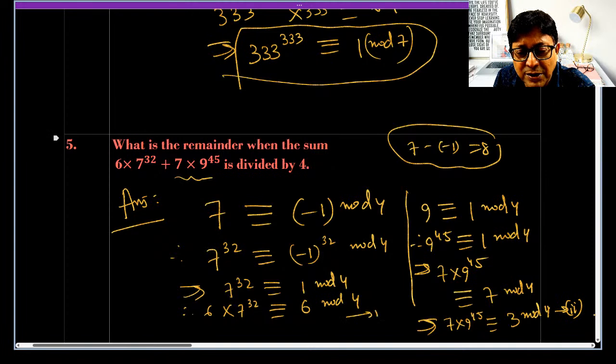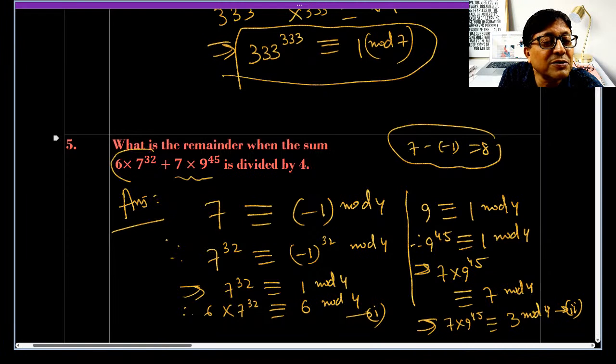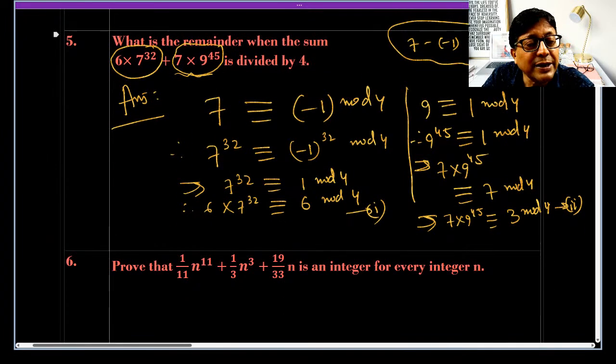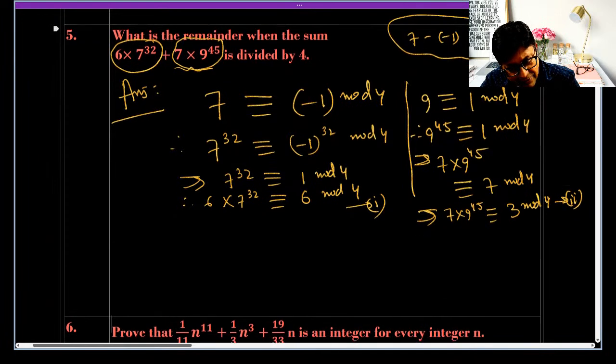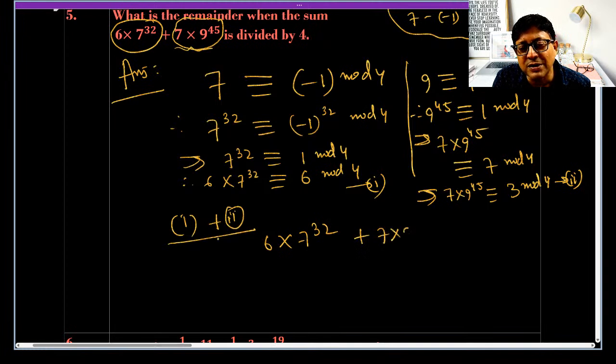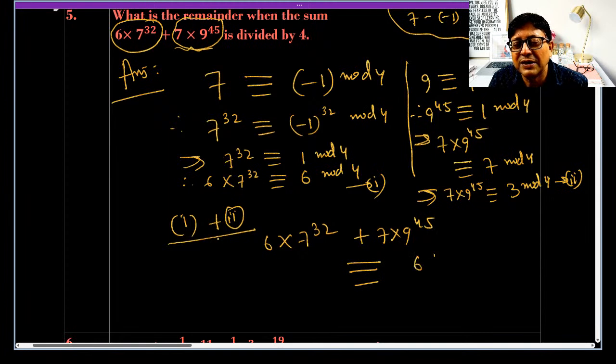And here what have we got? 6 into 7 to the power 32, the first term. Here what have we got? The second term. And they have the same modulus, so they can be added. They can be multiplied also. Let us add. Adding 1 and 2, what do I get? 6 into 7 to the power 32 plus the second term is congruent with 6 plus 3 mod 4.